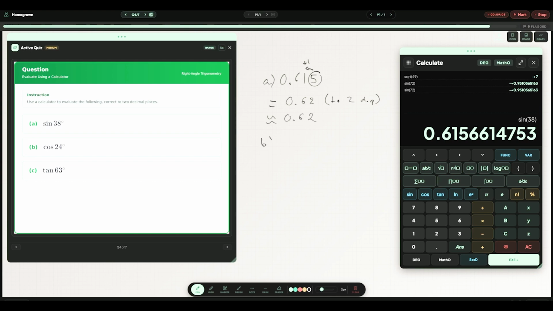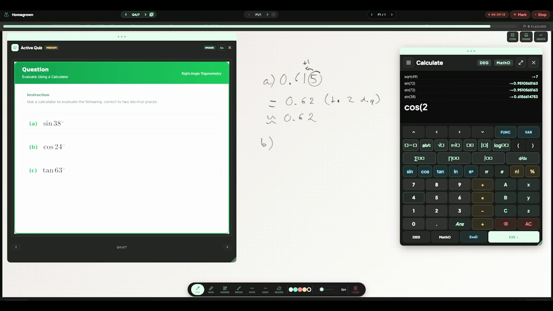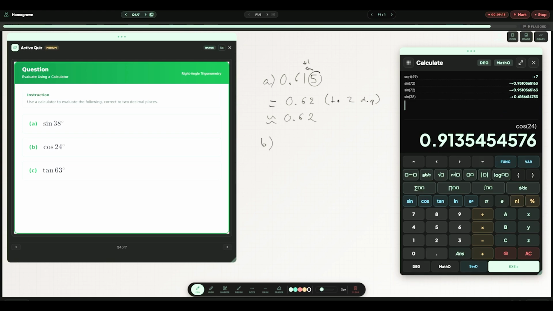Alright, let's look at B. So for B, we have cos 24 degrees. So hit cos, and then hit 24. And after you've hit that, just hit execute. So cos of 24 degrees is going to be 0.91354576.